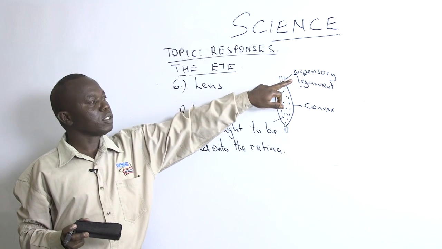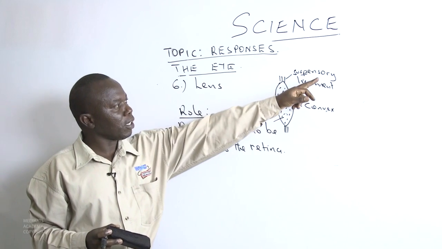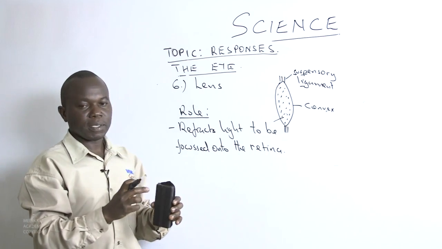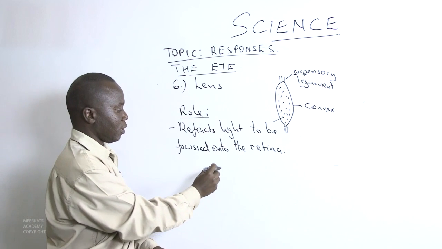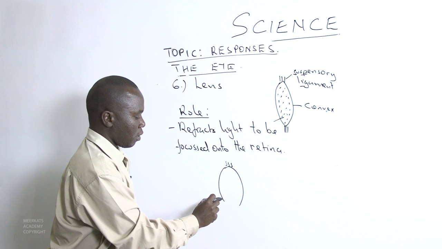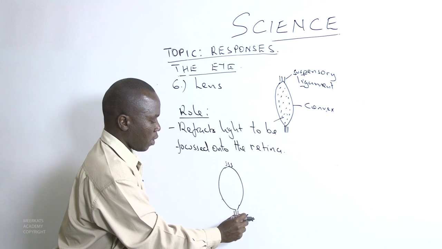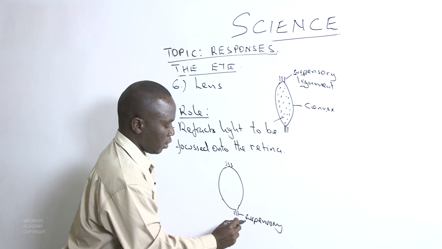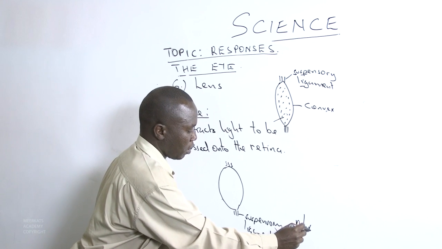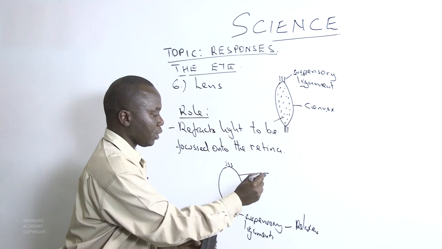That comes about due to other factors like the suspensory ligaments. When the tension on the suspensory ligament relaxes, the curvature increases.